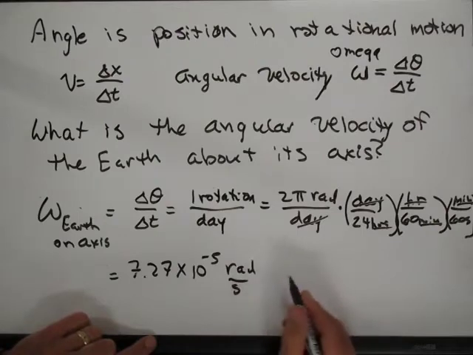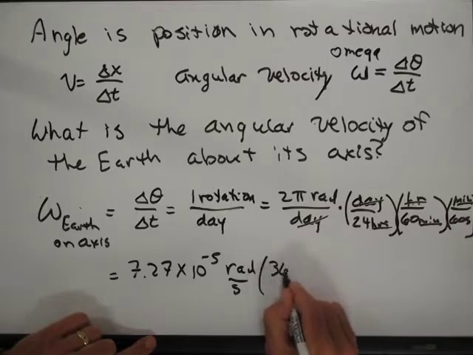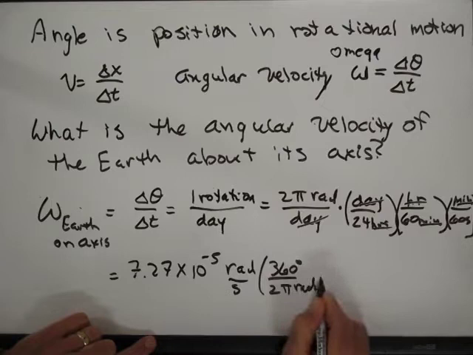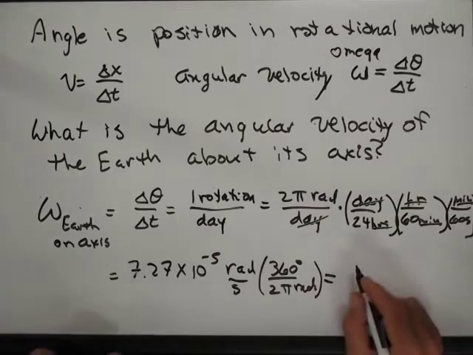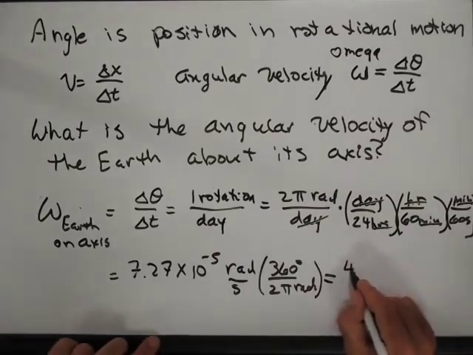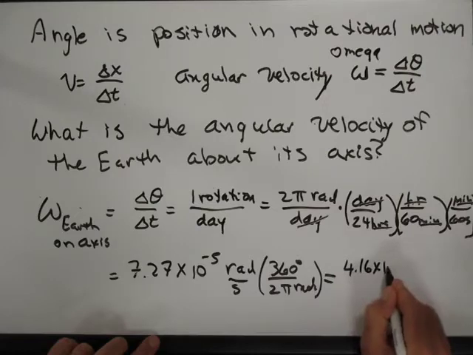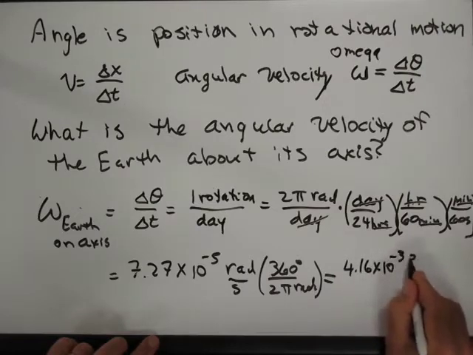If I wanted to convert it to degrees per second, right, I would multiply it by 360 degrees over 2 pi radians, and I would get 4.16 times 10 to the minus 3 degrees per second.